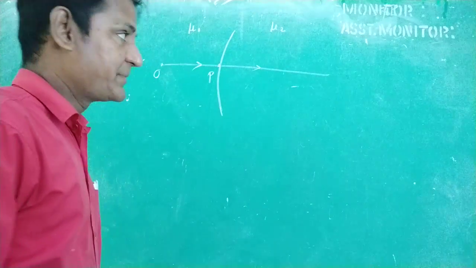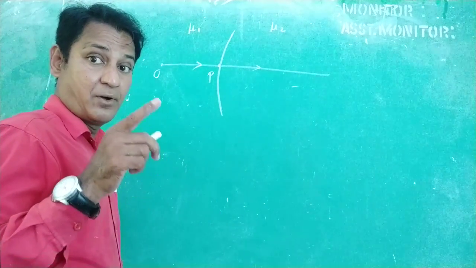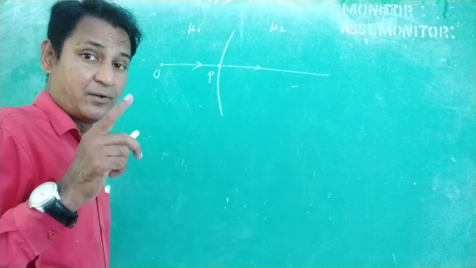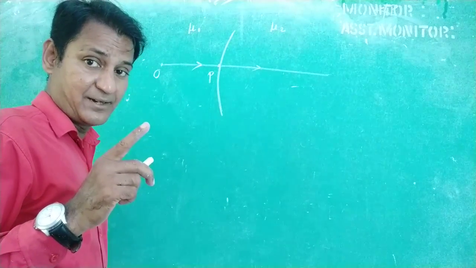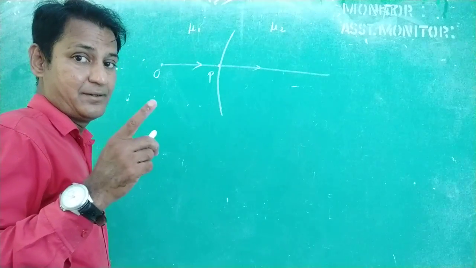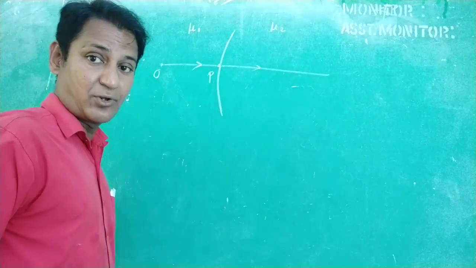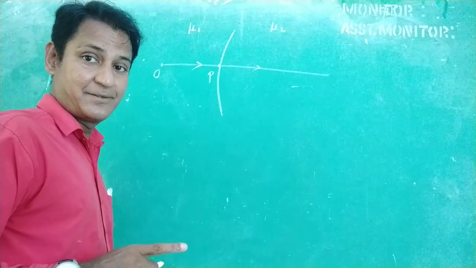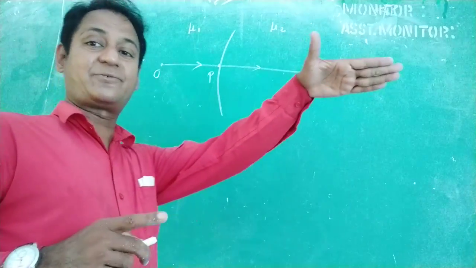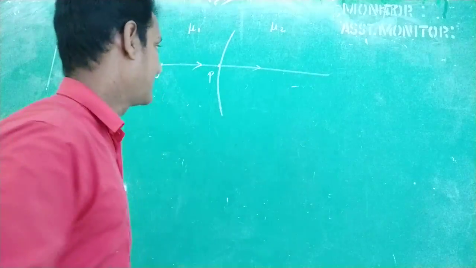We know that whenever a light ray falls normal to any convex or concave surface, at right angles to the surface, it will retrace. But whenever a light ray passes through the pole or optic center of the lens, whether convex or concave, it passes straight without any deviation.